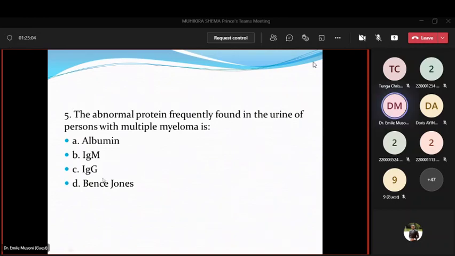So you have to understand Bence Jones proteins.